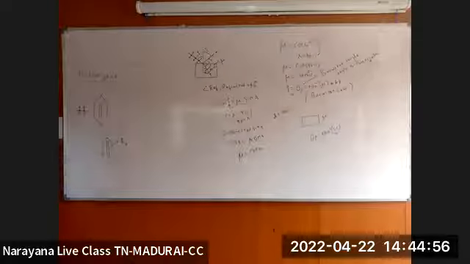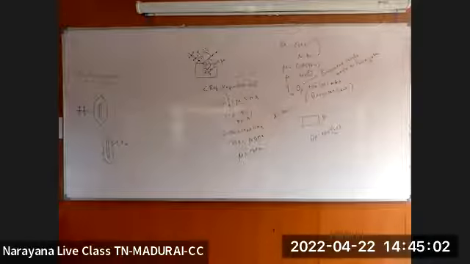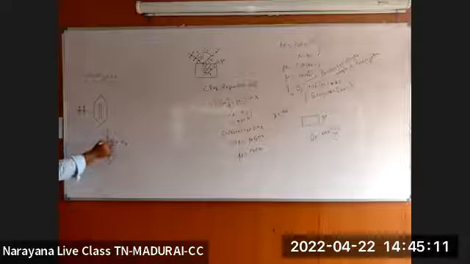As I told you, these vertical oscillations are electric field oscillations. What is the maximum or peak value of the electric field? E naught. Let's say the vertical plane of the slit makes some angle theta.